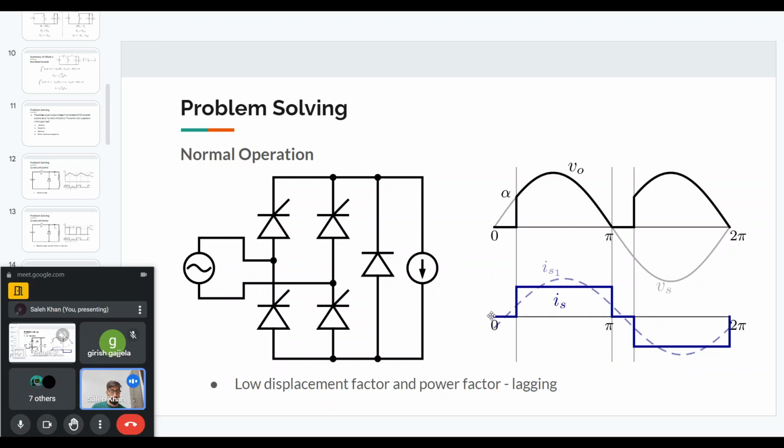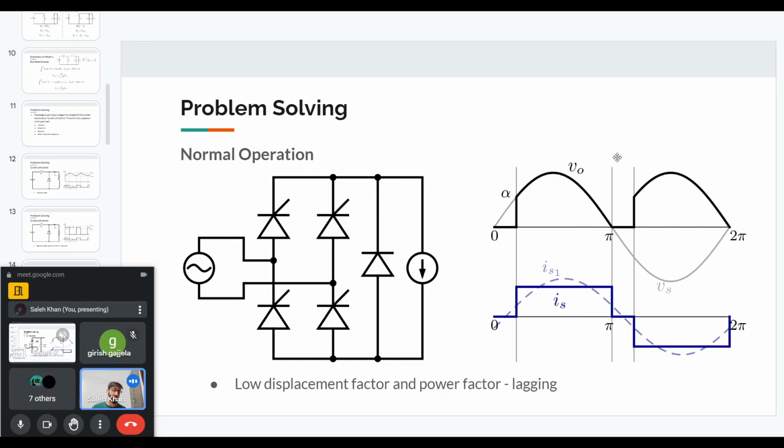So the angle between the source voltage Vs and the fundamental of the source current is alpha by 2. The fundamental of the source current is lagging the source voltage by alpha by 2. So it has low displacement factor because of this alpha angle.